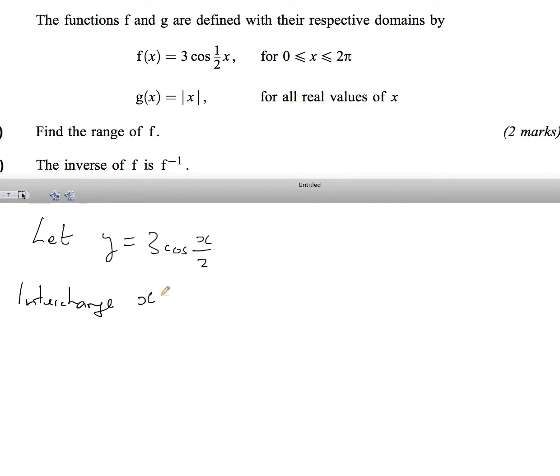Interchange x and y. So we get that x is equal to 3 cos y over 2, or x over 3 is equal to cos y over 2.